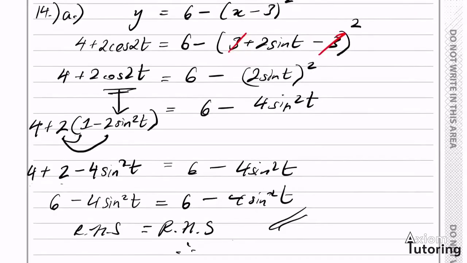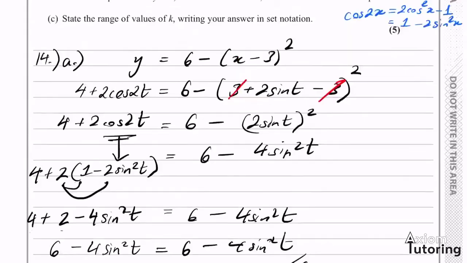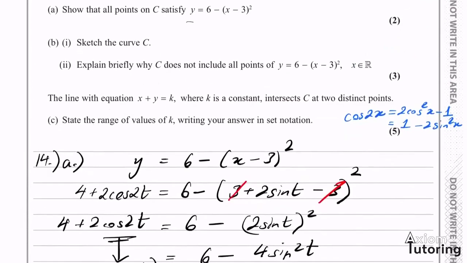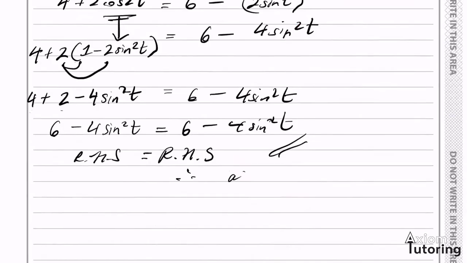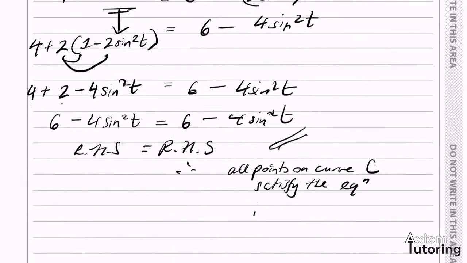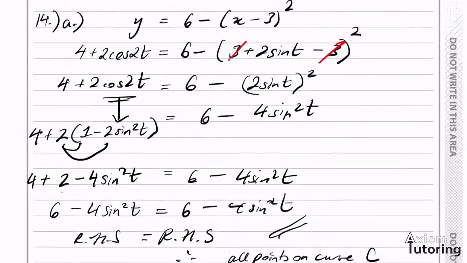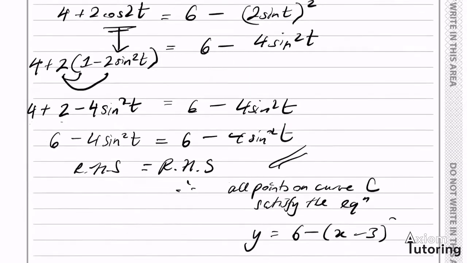Therefore, all points on curve C satisfy the equation y equals 6 minus (x minus 3) all squared.